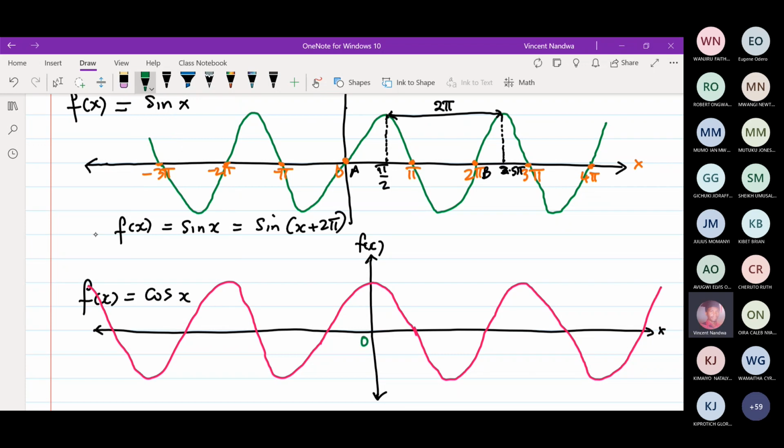So this is 0. We have minus pi, we have pi, 2 pi.